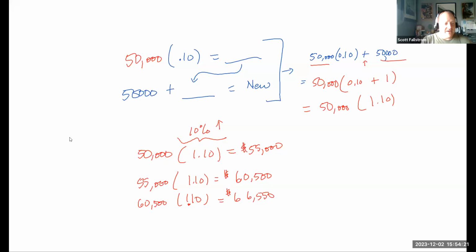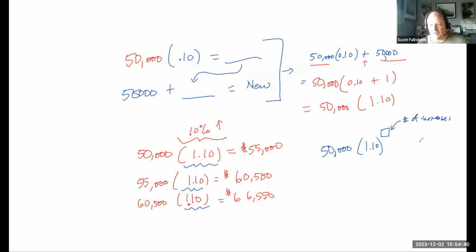And because I know about exponents, since I'm really just multiplying by 1.10 over and over again, I could have started with 50,000 and multiplied by 1.10 to the power of however many increases I want as an exponent, because it's repeated multiplication. So if you wanted to, you could actually grab your calculator and check this. Let's do it all in one step and let's do 3 years.